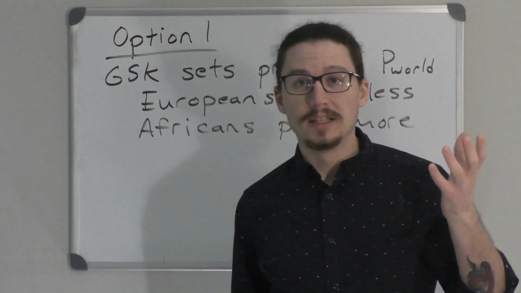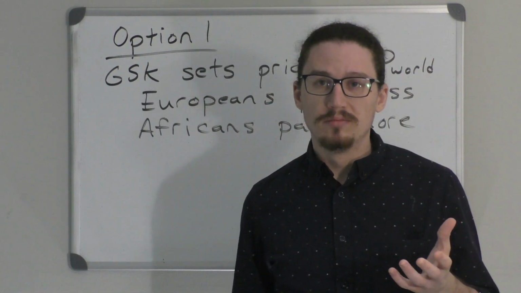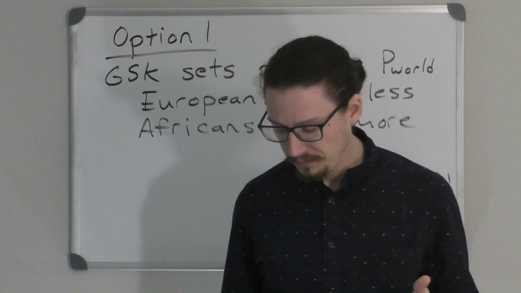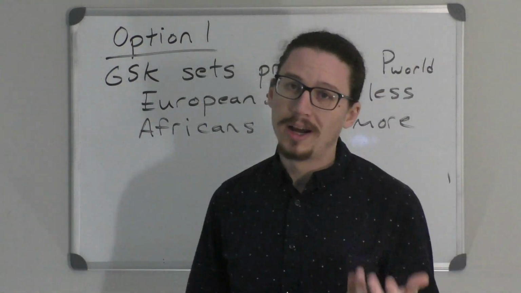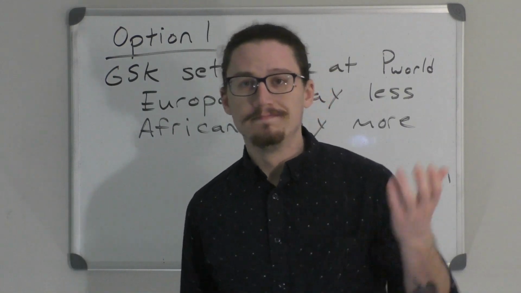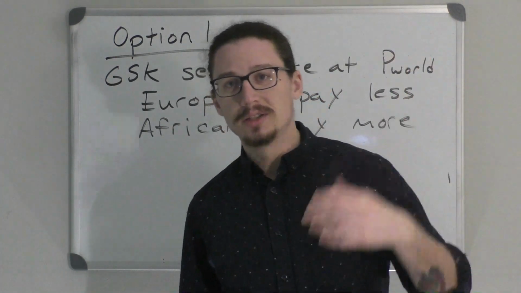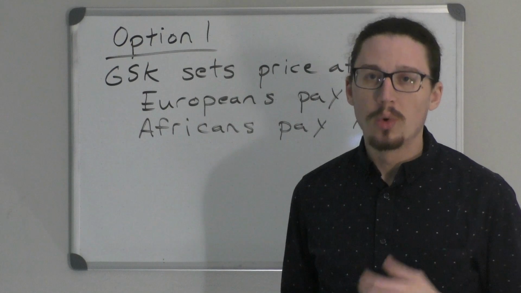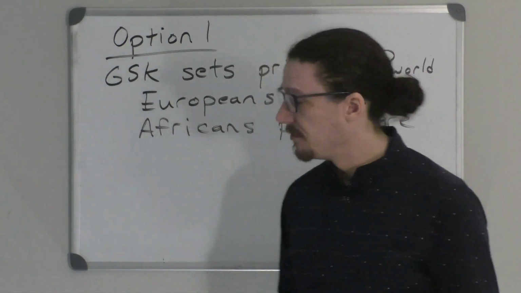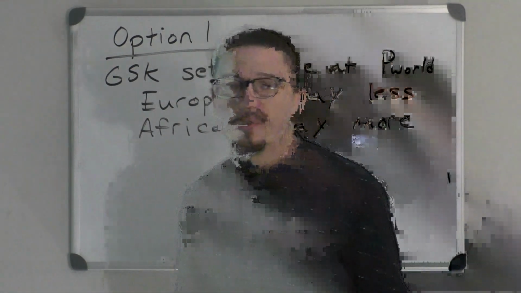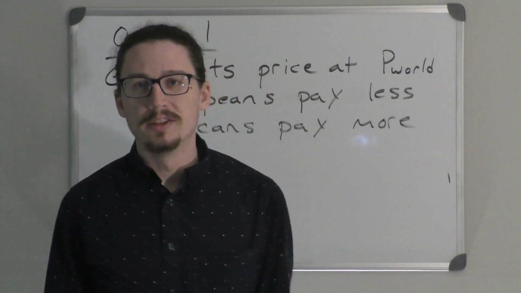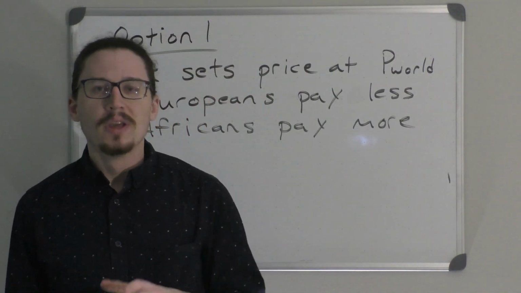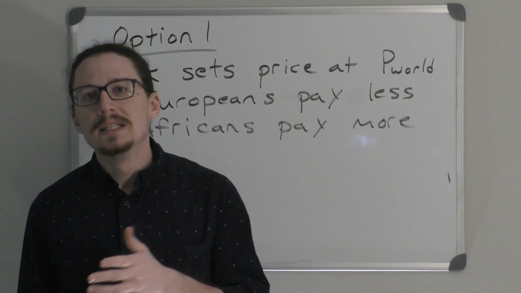So we could see either a negative or a positive change to total surplus. That overall effect would be determined by how much better off Europeans are made versus how much worse off Africans are made. So that's the first option. That's indeterminate. It would depend on several factors.